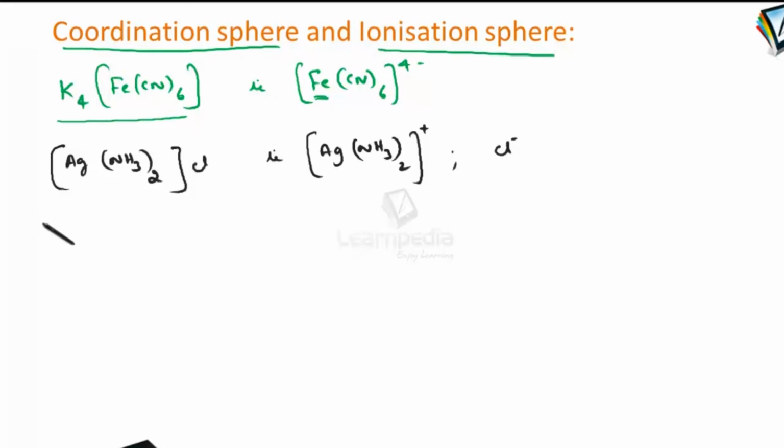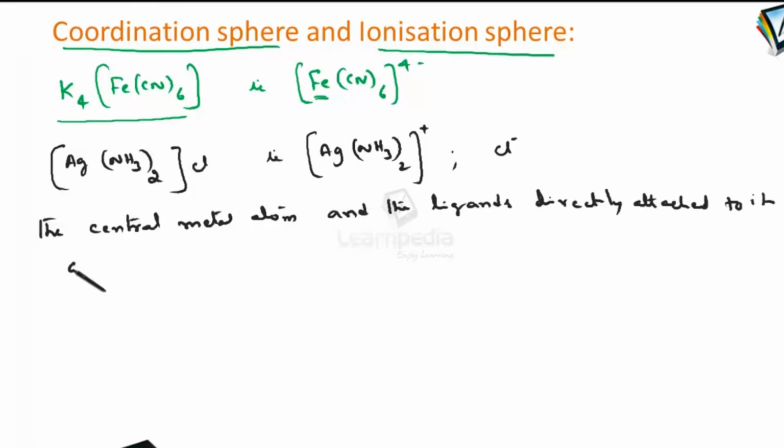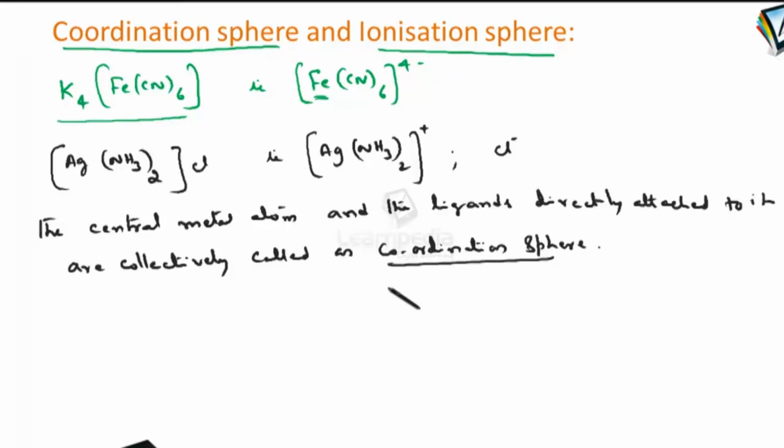Thus, the central metal atom and the ligands which are directly attached to it are collectively called coordination sphere, and is written inside the square bracket as can be seen here in the diamminesilver(I) complex ion. This is the coordination sphere.